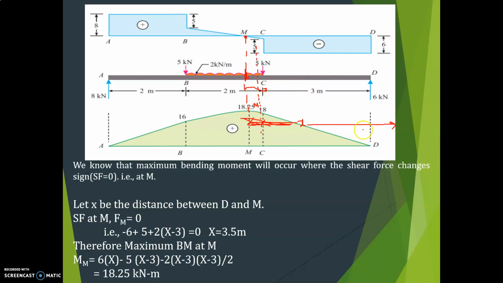Full distance is x from here to here. Till this distance, so x minus 3, equal to 0. So you get x equal to 3.5 meter.